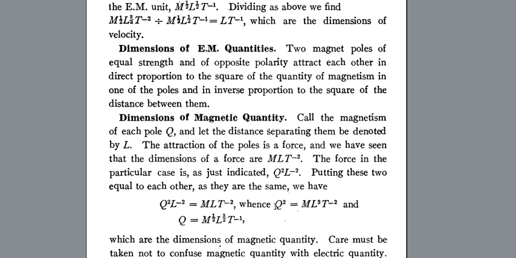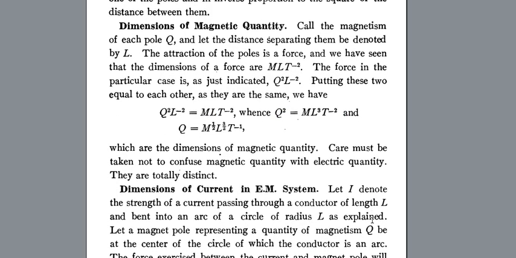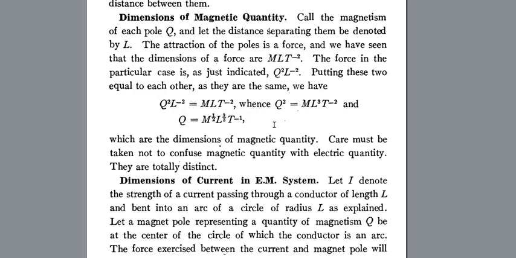Solving for Q squared, we find the quantity of magnetism squared equals mass multiplied by length raised to the power of 3 multiplied by time raised to the power of negative 2. Taking the square root, the dimensions of Q are mass raised to the power of 1/2, length raised to the power of 3/2, and time raised to the power of negative 1.